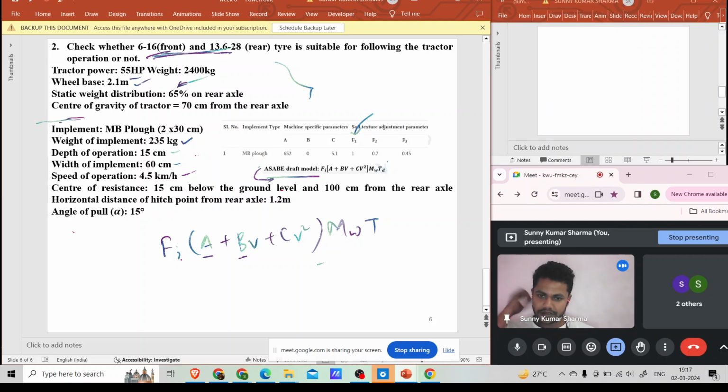V is the velocity. Do you remember? This V in the ASAB draft equation is in kilometer per hour or meter per second?